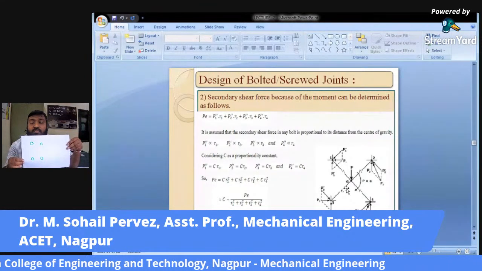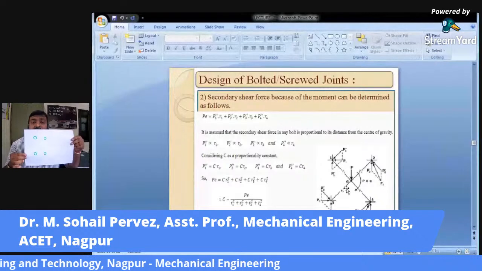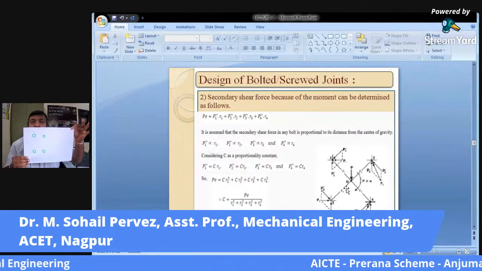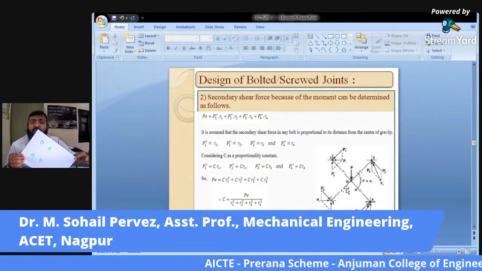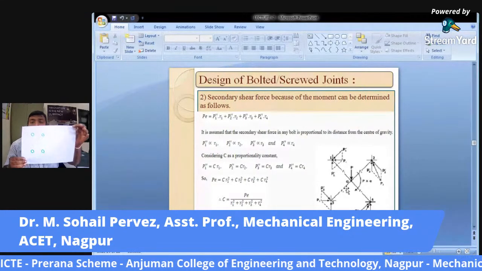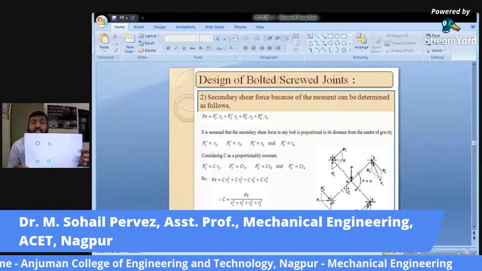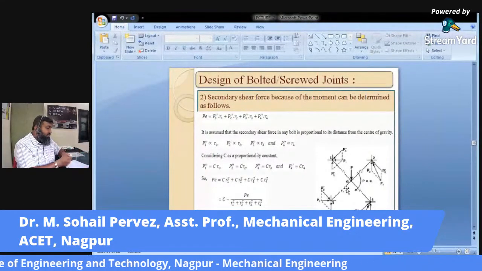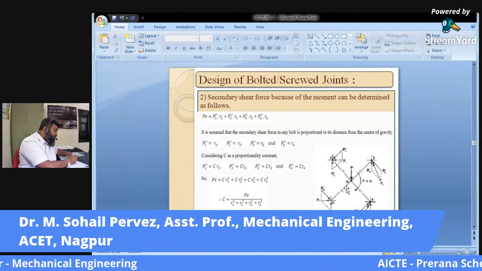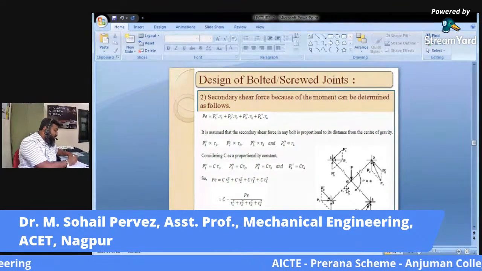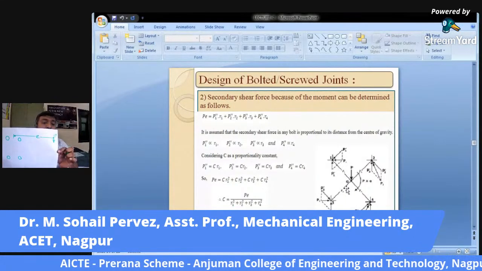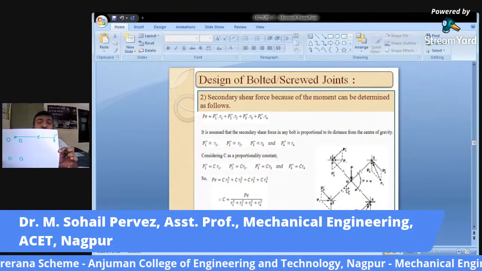The entire setup will try to overturn this plate, because of the eccentric load P, which is acting here at a distance of E from the centroid.